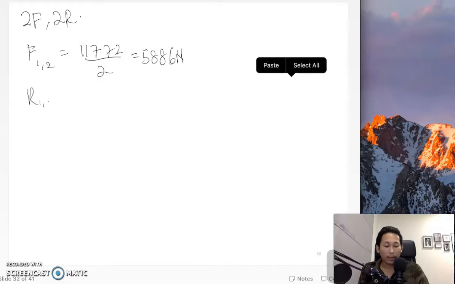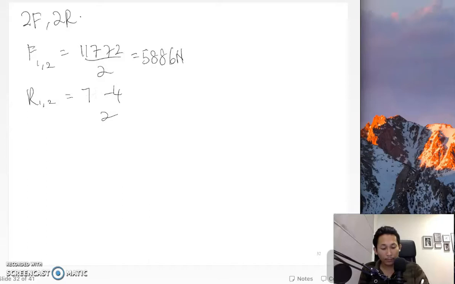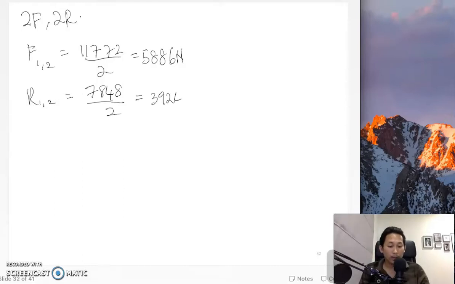And the rear left and right is 7848 divided by 2, sorry, is equal to 3924 Newton. Okay, so this is for each wheel.